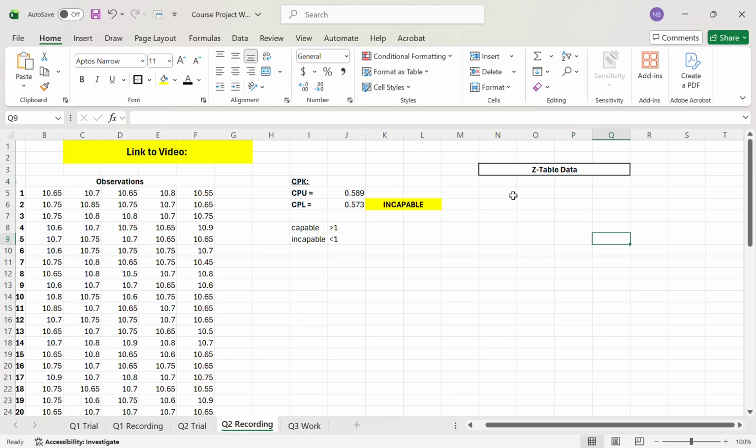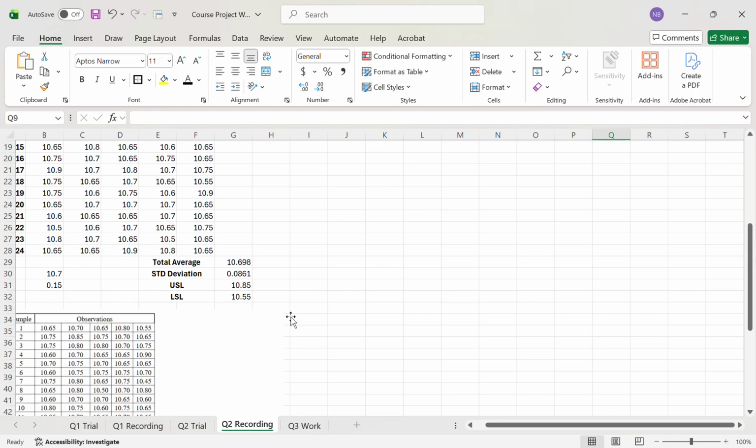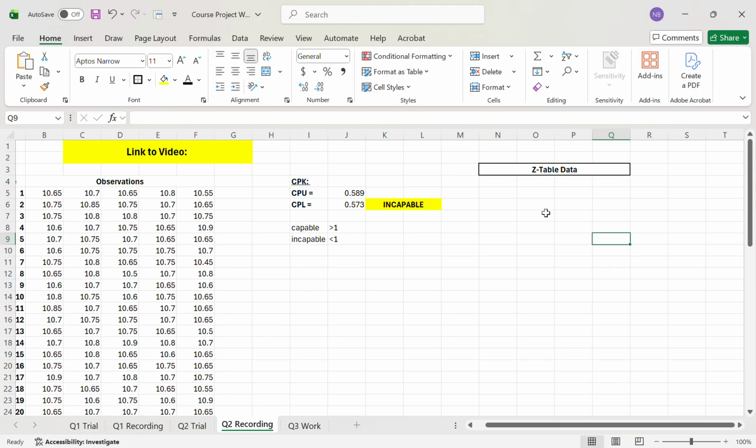So we're going to find the first z-table using the lower specification limit, and the second z-table using the upper specification limit. So to find z1, the formula is the lower specification limit minus the average, or x bar, divided by the standard deviation.